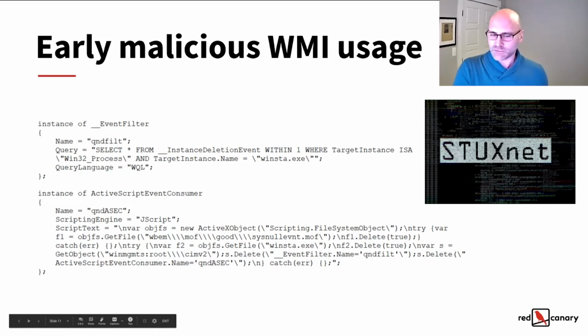In its network spreading module, it would exploit a remote system using the Windows Spooler vulnerability, then drop the files to the remote system, and then it would use WMI to delete itself and delete those execution artifacts, using an event filter consumer, which we'll walk through shortly. So it wasn't a persistence mechanism, it was a clean-up mechanism.